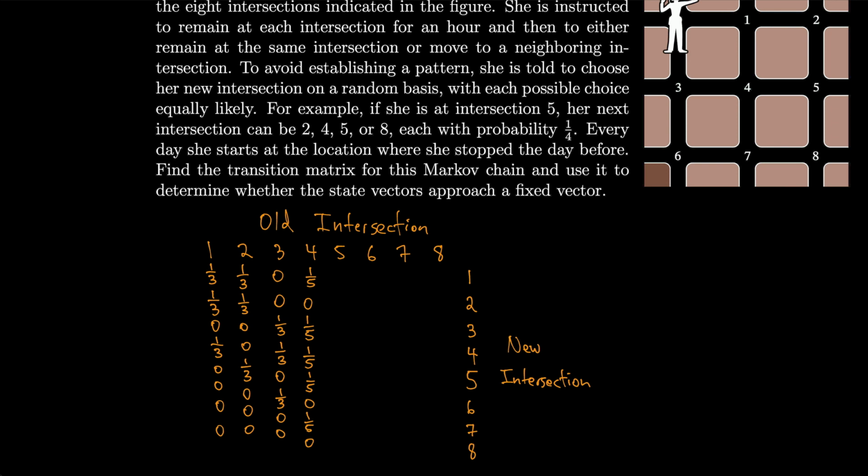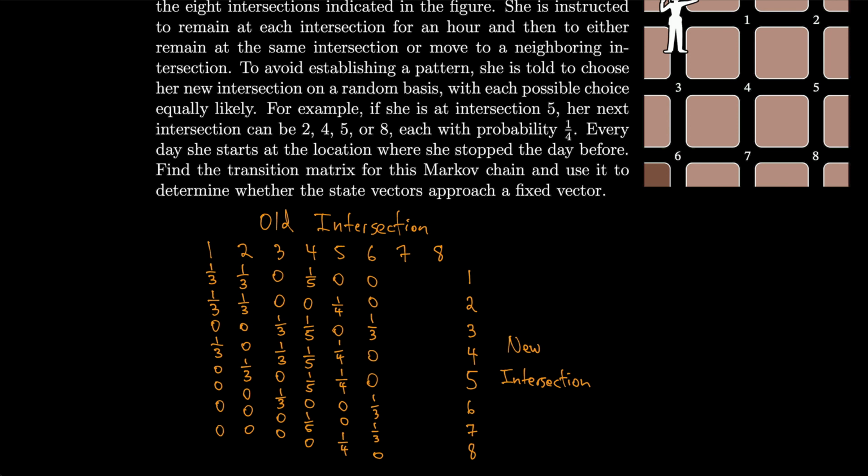Okay, next is 5. I'll just read it out. It'd be 0, 1/4, 0, 1/4, 1/4, 0, 0, 1/4. And then for 6, we have 0, 0, 1/3, 0, 0, 1/3, 1/3, 0.